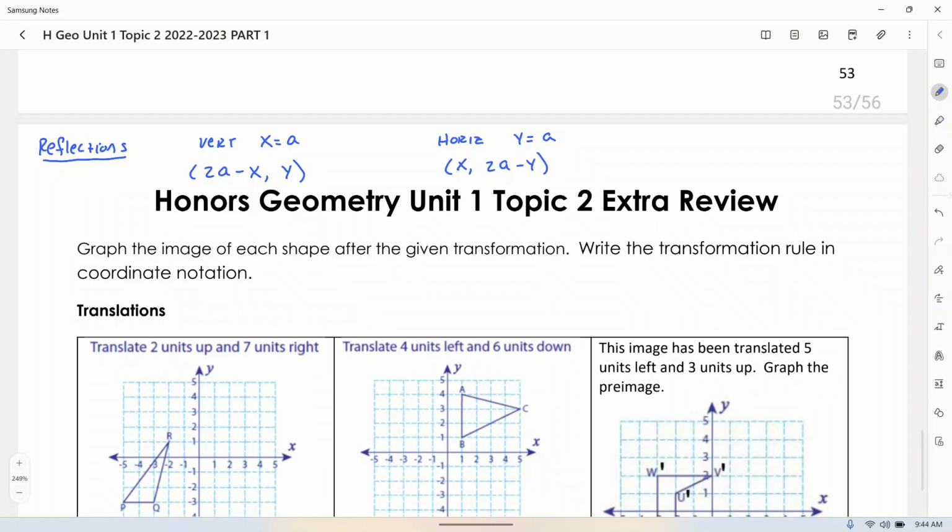The a will change, so you'll have an actual numerical value in these two spots. But this is the general coordinate notation for a reflection with a line not on one of the axes or not one of our typical lines.